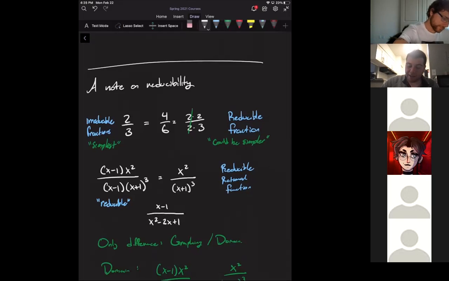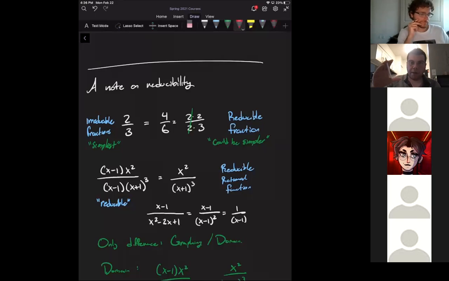If it's expanded out like this, it's not clearly reducible, but we could factor the bottom as x minus 1 squared, and then see that we can reduce that to just 1 divided by x minus 1. But yeah, the takeaway is that the same thing we can do with regular fractions, we can also do with these rational functions, which is canceling out common terms.